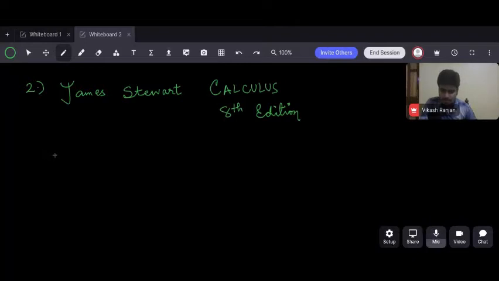And the other reference book, that is the third one, is Thomas Calculus. And this is of 14th edition.